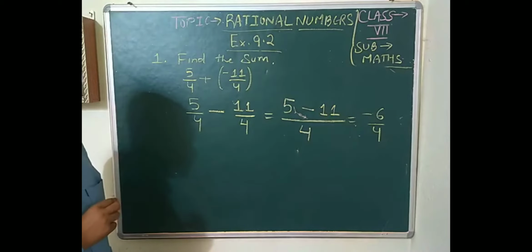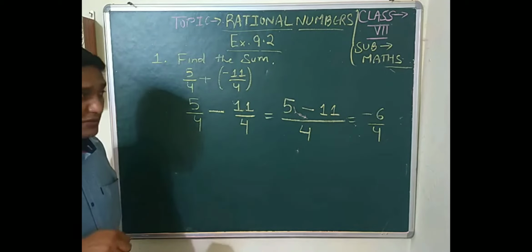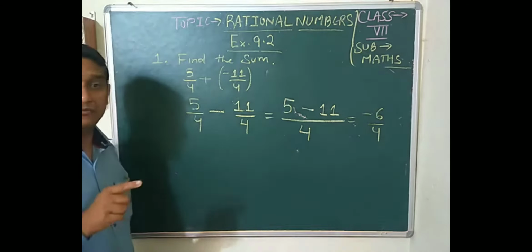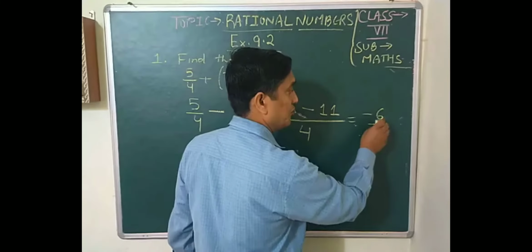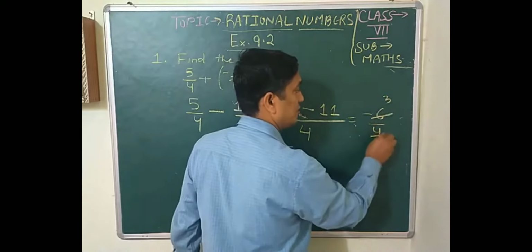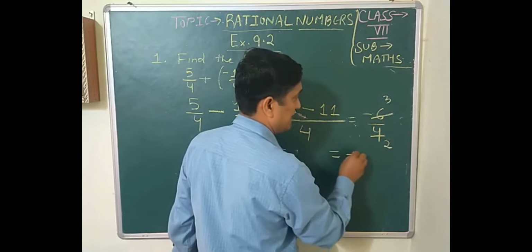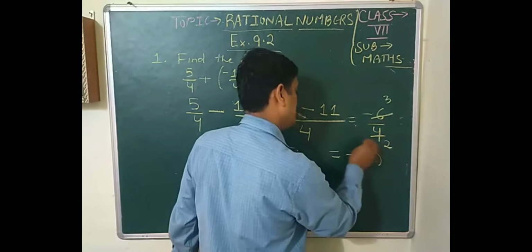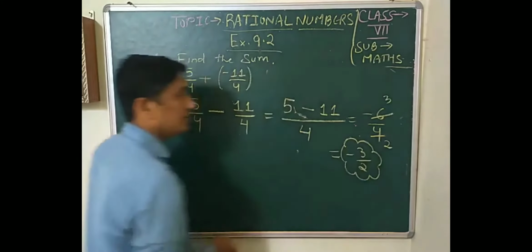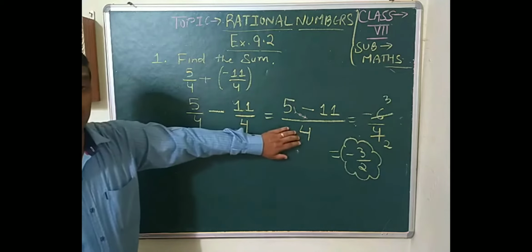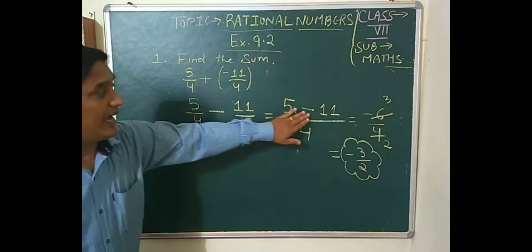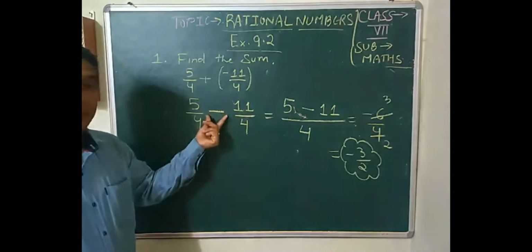Now bring this into the simplest form, or the standard form, as we learned in exercise 9.1. Both are divisible by 2. 2 3s are 6, 2 2s are 4. So the answer is minus 3 upon 2, children. You use this when the denominators are the same: directly add or subtract according to the sign given.